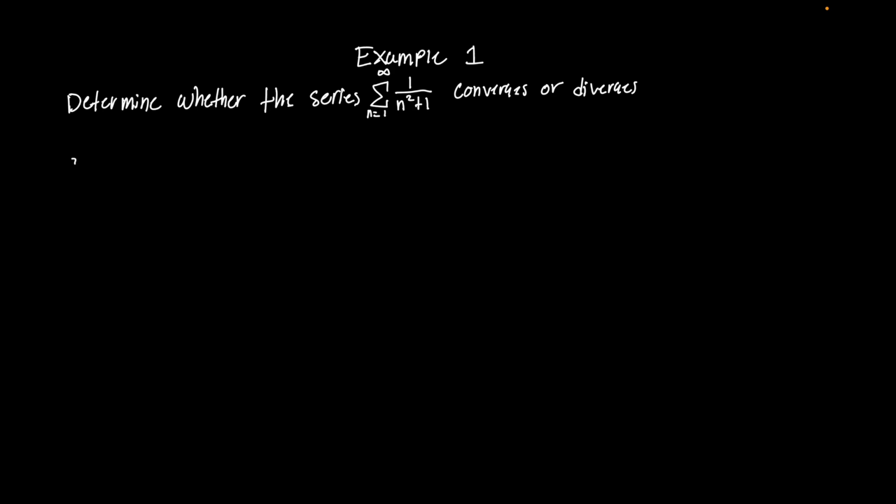Let's write our first term, a sub n. That's just 1 over n squared plus 1, the series we had in the problem. Now let's choose our b sub n, which we'll say is 1 over n squared. We chose 1 over n squared because we know it's a p-series term, so it's easier to compare to.